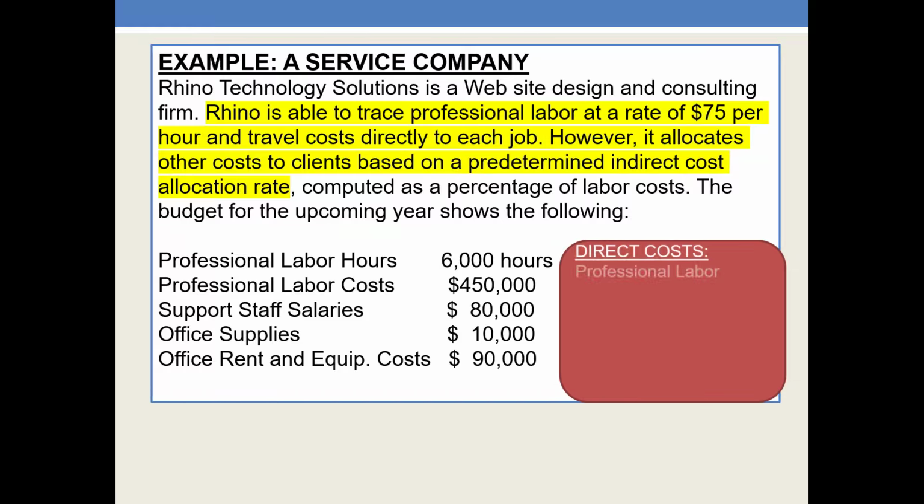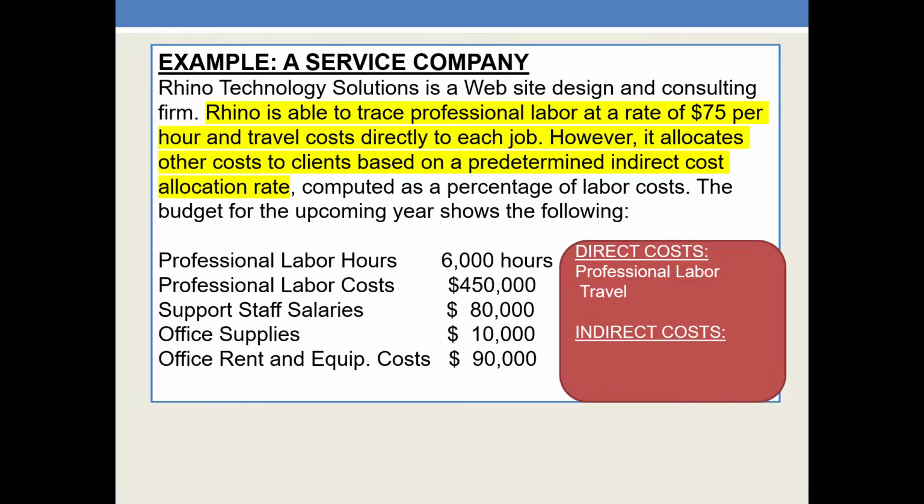Direct costs, we're told, are professional labor costs. That's because when a consultant or an accountant or an attorney works on a specific client, they will need to track exactly how many hours they spend with that client. Travel costs can also be traced directly to each job or client.